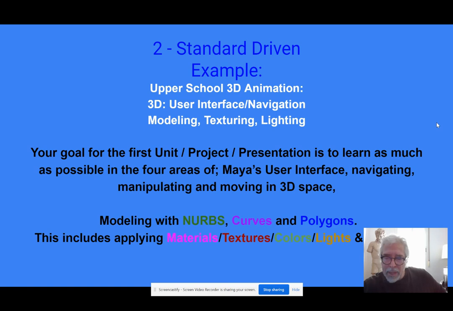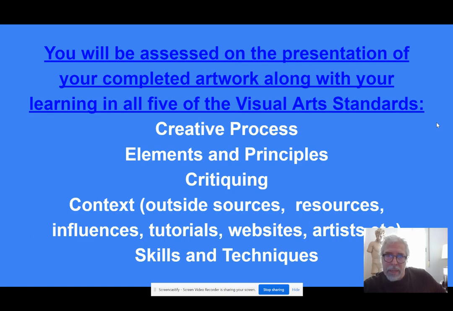But what I've done with this is I've done it in a different way. Here are our 5 different standards in visual arts. Depending on the school you're at and the system being used, most of them dovetail and are pretty well similar: the creative process, elements of art and principles of design, critiquing, context, and then skills and techniques.